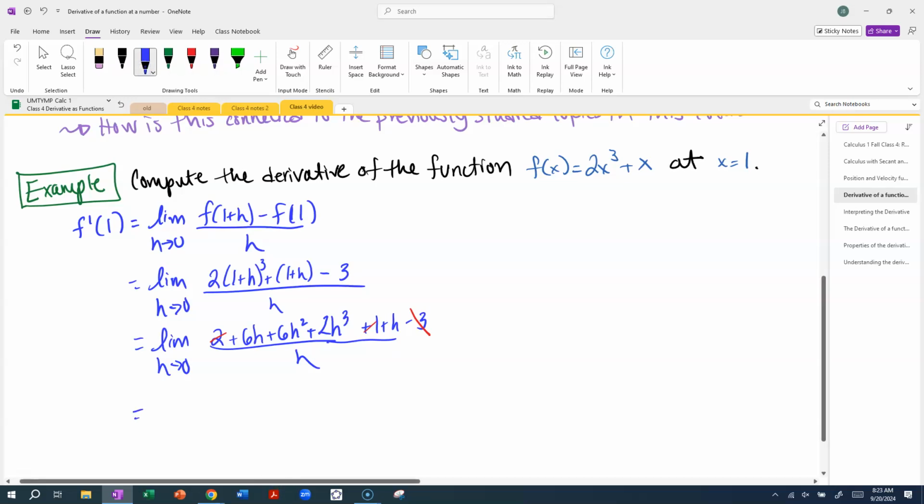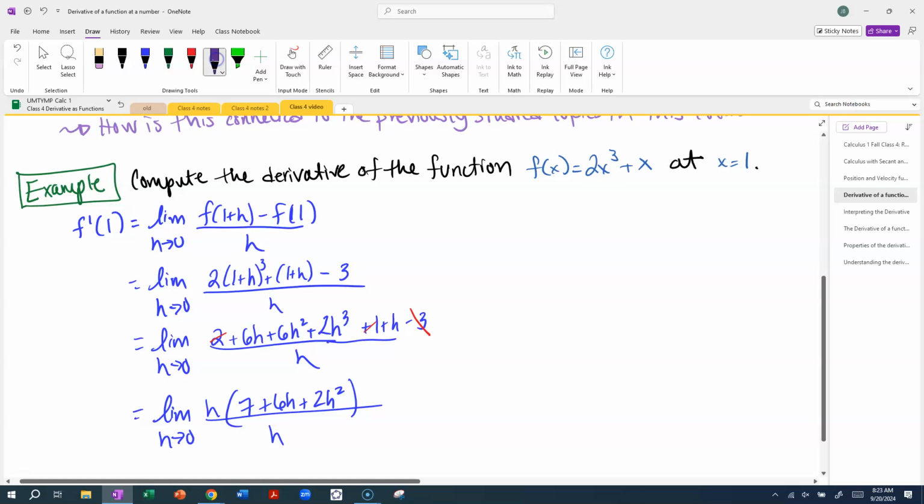So then I'll have the limit as h goes to 0, and then there will be a 7h. Let's see, I'm going to try to factor out an h: 7 from the 7h, and then I'll still have plus 6h squared, but when I factor out an h it'd be just 6h, and then plus 2h cubed, again factoring out an h, so 2h squared.